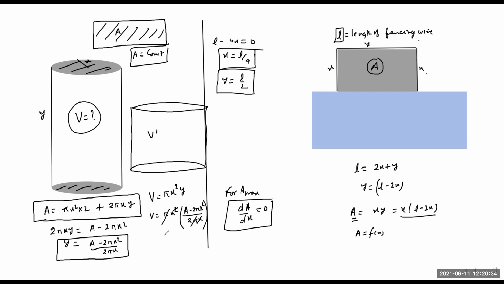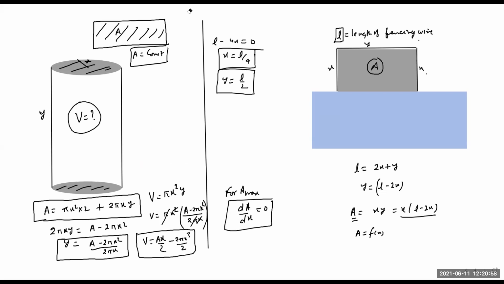An x will cancel out, and what we get is V equals Ax by 2 minus pi x cube. Oh, that's nice. So we have a very beautiful relation between volume and x, and this is the expression which we now have to maximize. So V is a function of x. How do we maximize it?